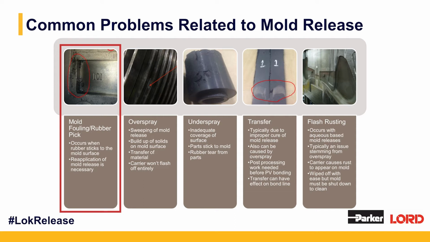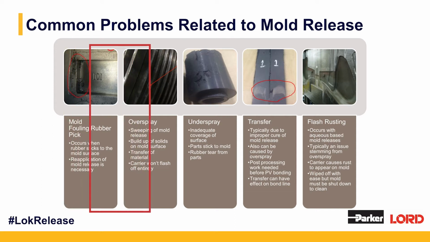The reasons for mold fouling are over or under application of mold release, too long between applications, or the compatibility of mold release for the adhesive and rubber combination is not correct. If mold fouling is detected, it is very important to clean the mold and reapply the mold release.